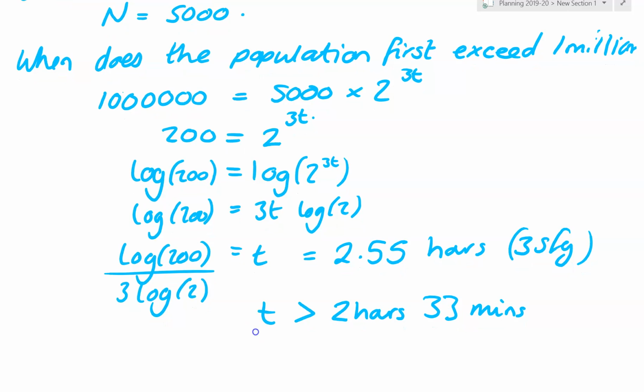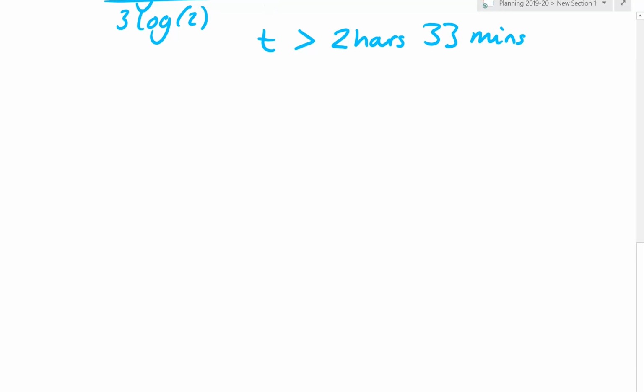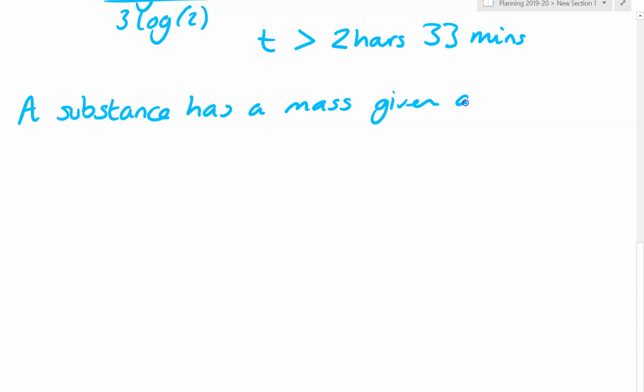Okie dokie, next one. So this is going to be a decay. So we've got a substance, doesn't really matter what it is, that has a mass given as m equals a e to the negative 1.5t.